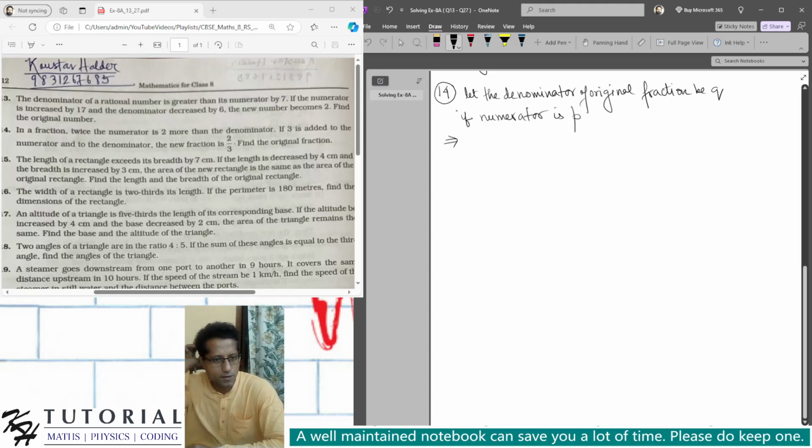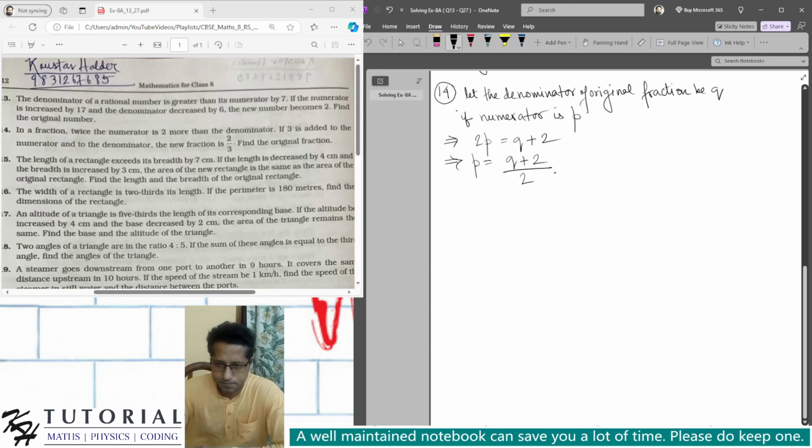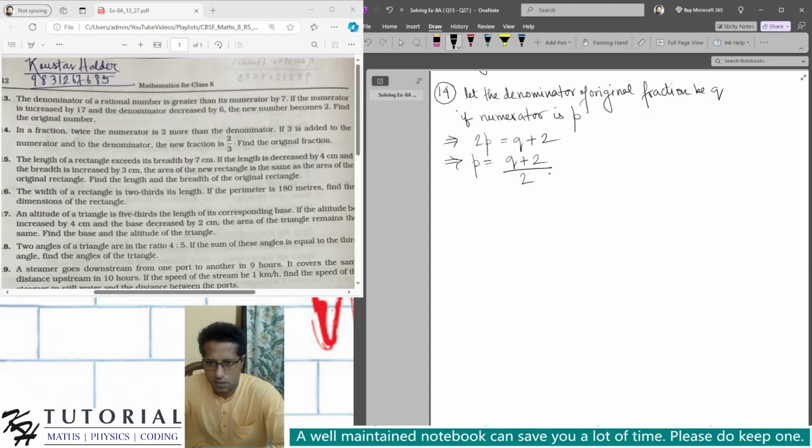As per the problem statement, twice the numerator, that is twice p, is 2 more than the denominator. The denominator is q, so q plus 2. So p is equal to q plus 2 by 2. This is the numerator, and the denominator is q. So we have only a single variable, that is q.